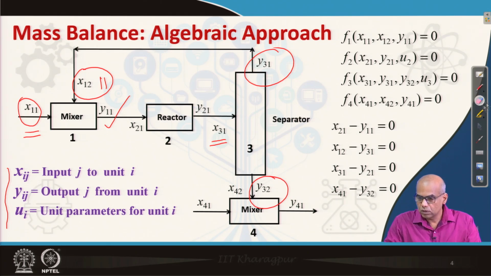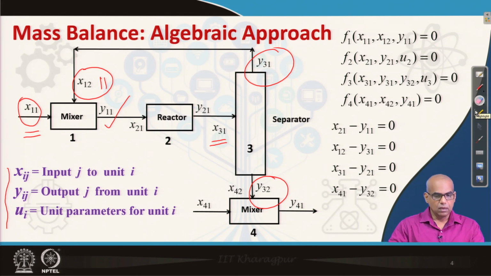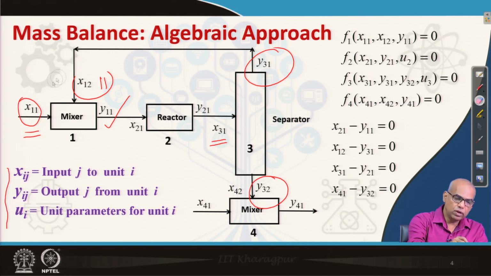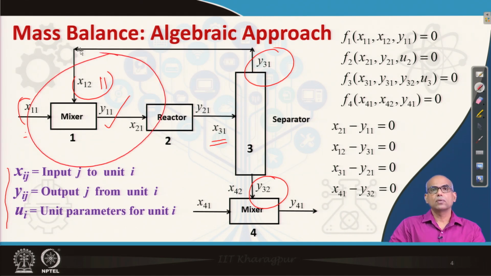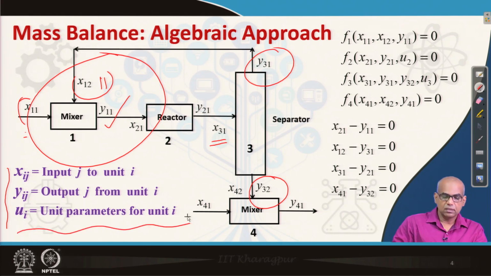Now, once we understand this nomenclature, let us try to understand that around each unit, you can write mass balance or energy balances, which will be expressed as a mathematical function of these inputs and outputs, and also other unit parameters that may be associated with the units.